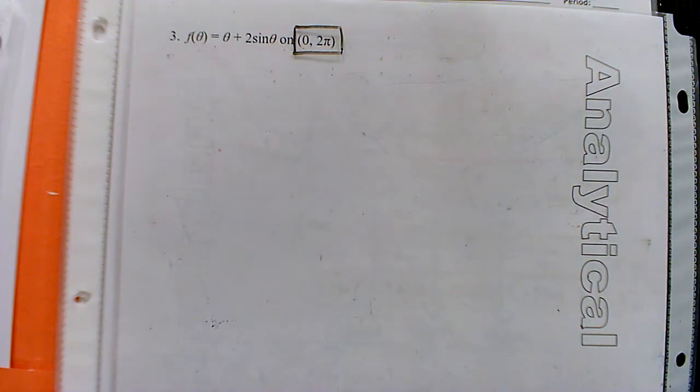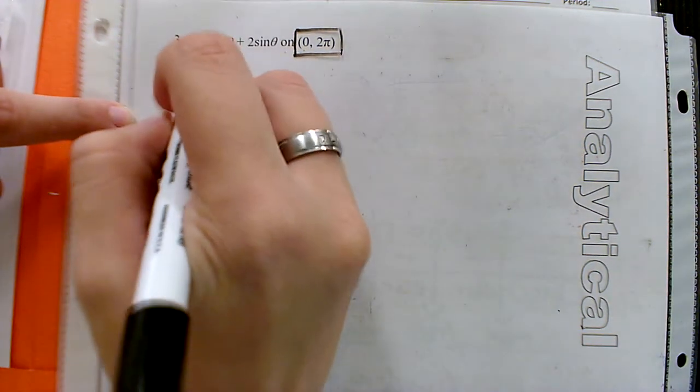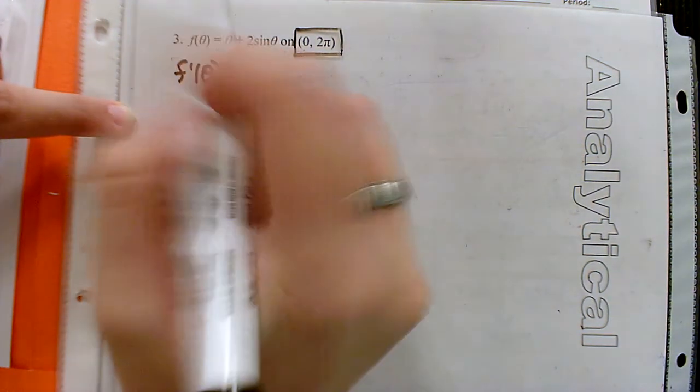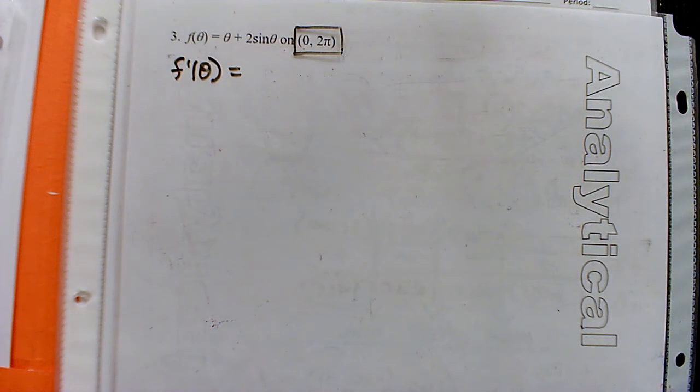Let's first find the critical points though, okay, where the derivative is 0. So if you don't like those thetas, you can think about them as x's. The derivative of theta would just be 1. And trig derivative shortcuts, what's the derivative of sine? Cosine, right?